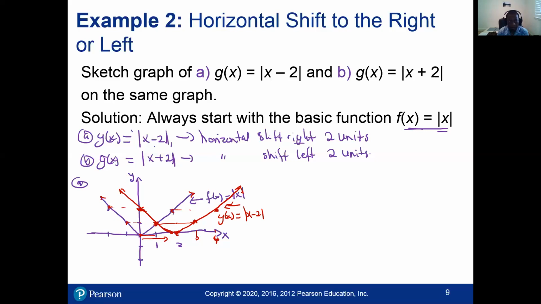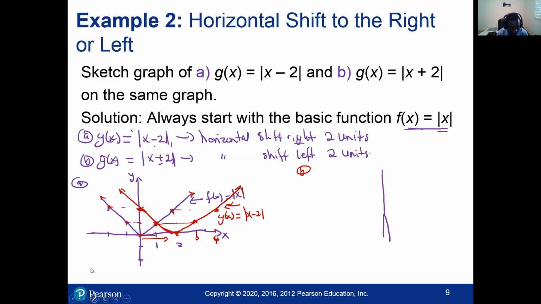All right, now part B, let's have a similar thing, but this time we're going to go left 2 units because it's what? It is plus what? Plus 2. Okay, so we have this graph, the basic function.